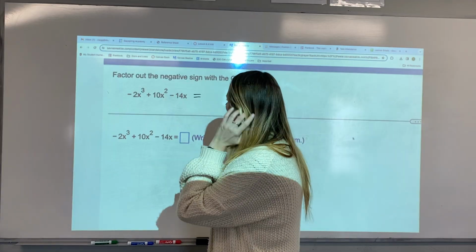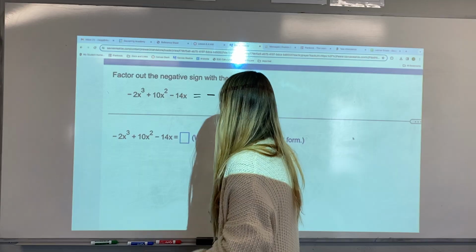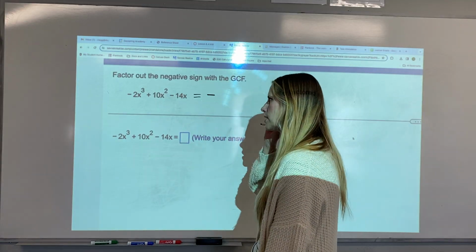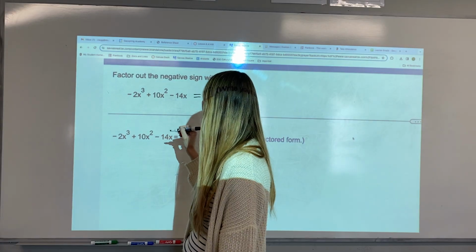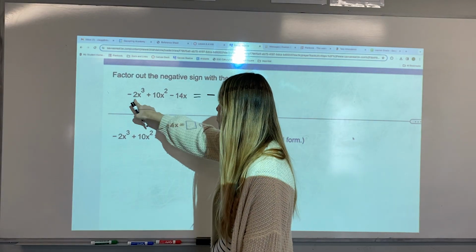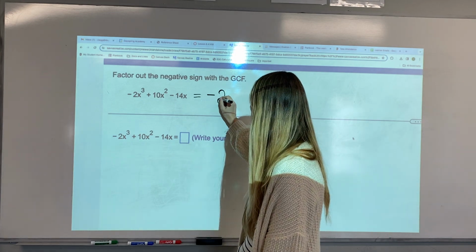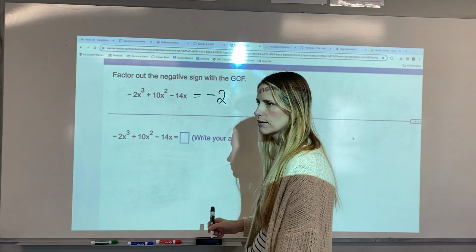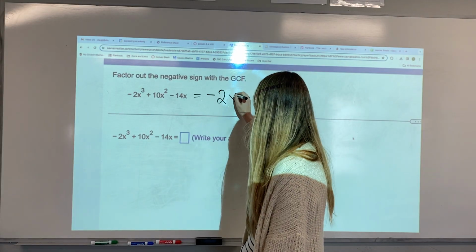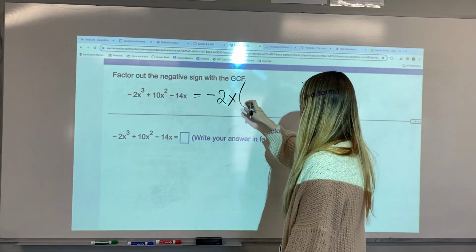I'll show you. Okay, so I'm gonna factor out the negative with my GCF, okay? Now, what is the greatest common factor of 2, 10, and 14? 2. What is the greatest common factor of x cubed, x squared, and x? X. Good. Once you get your GCF, I'm just making this nice and big so I have space for 3 terms.